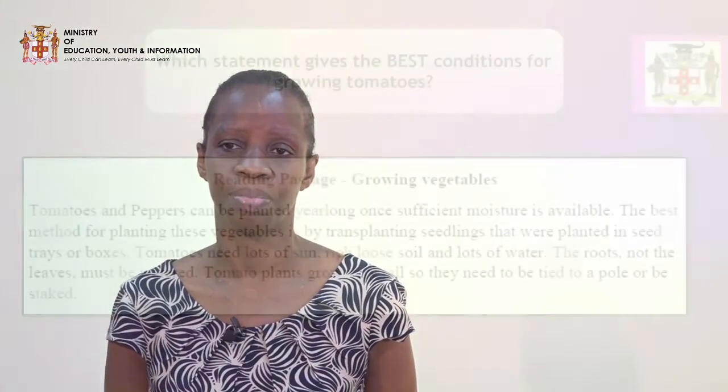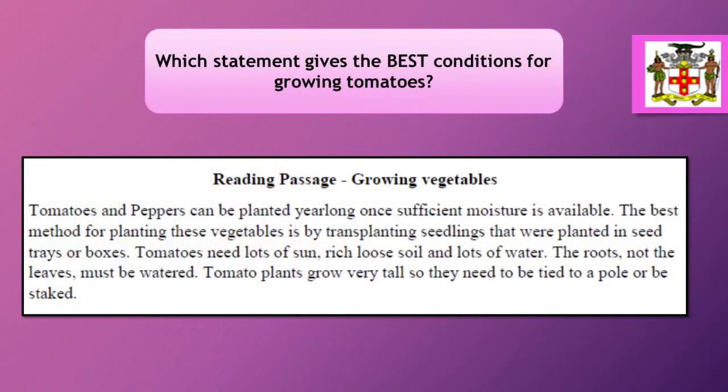Our first question is a passage on growing vegetables. Let us read that passage that is given. Tomatoes and peppers can be planted year-long once sufficient moisture is available. And then we're told what is the best method for planting these vegetables. That is by transplanting the seedlings.